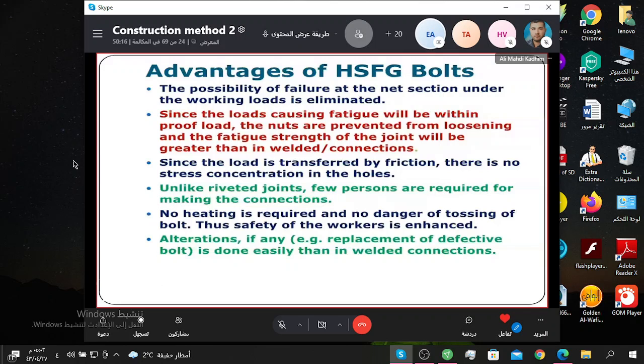Unlike riveted joints, few persons are required for making the connection. No heating is required and no danger of tossing of the bolt. The safety of the workers is enhanced. Alteration, if any, and replacement of defective bolt is done more easily than in welded connection.